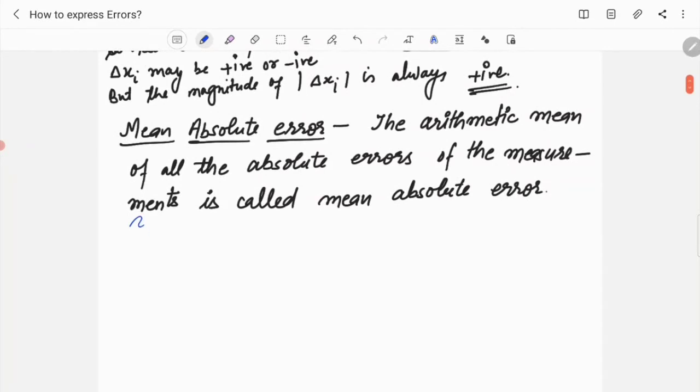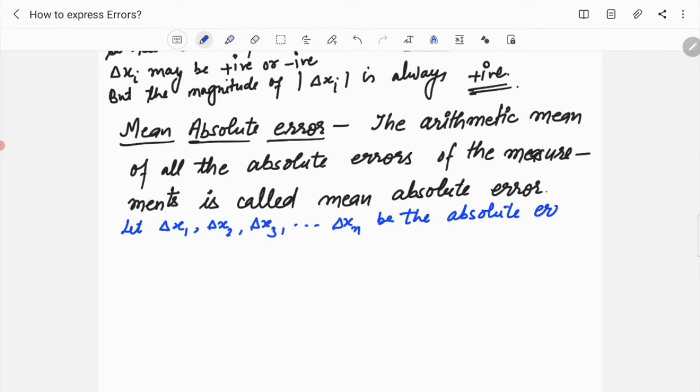So let delta x1, delta x2, delta x3 and delta xn be the absolute errors of the measured quantity in several observations.